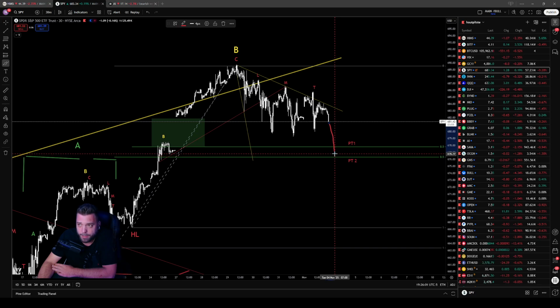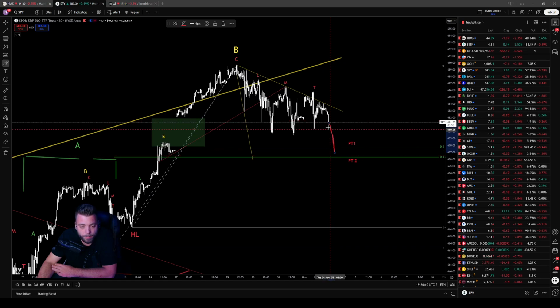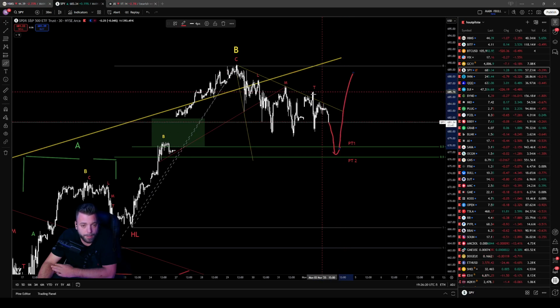I said on Sunday already that we maybe just open here. Okay, today we didn't, but we could just open tomorrow down here. Then this gap is filled, and we open the new gap, and we bounce here and just go up.